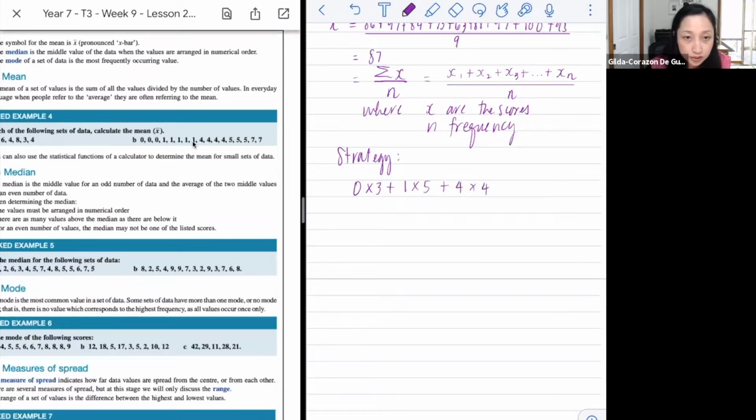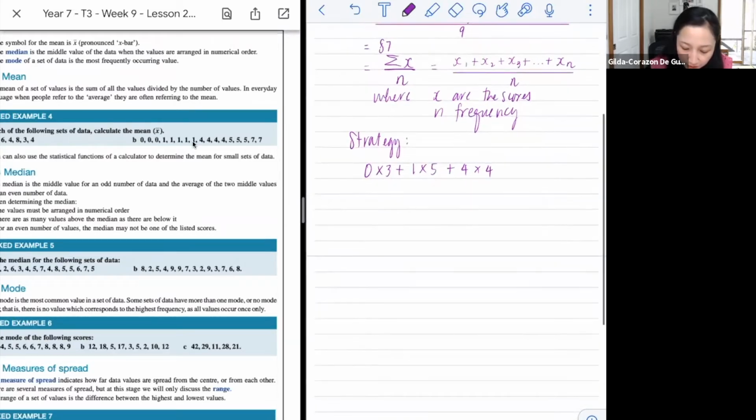Is there 4 fours? In putting that onto your calculator, and also checking if you've actually put in 4 fours, 5 ones, right? 3 fives and 2 sevens, right? And then you can just divide that by the number of scores that you added.